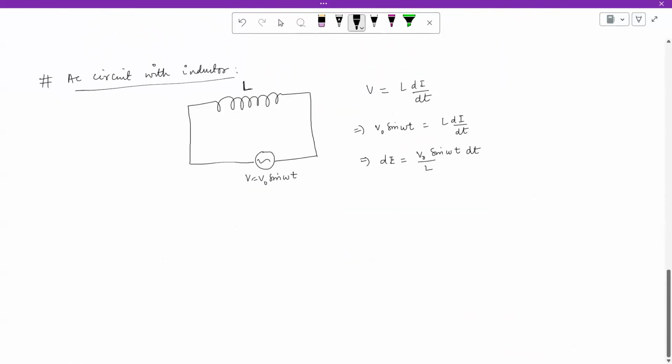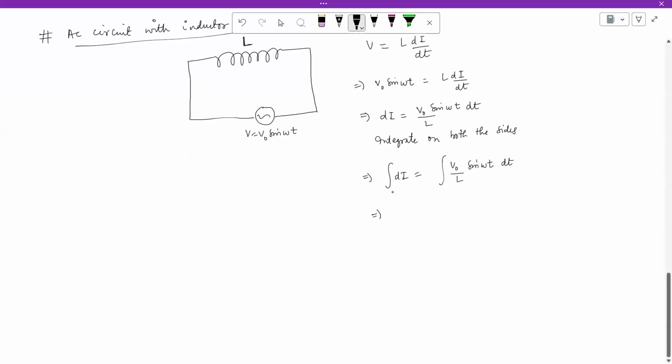Now we have integration, so we will integrate on both the sides. If we integrate di, and then V naught by L sine omega t dt.